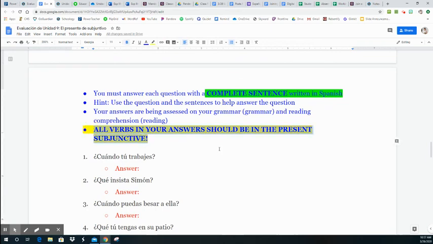I fully understand that in actual sentence writing, many of your responses would not need to be in the present subjunctive, but for the purposes of you showing me that you know how to conjugate verbs in the present subjunctive, I need you to please write all of the verbs in all of your sentences conjugated in that present subjunctive tense. Again, that's to show me that you understand how to conjugate those verbs.